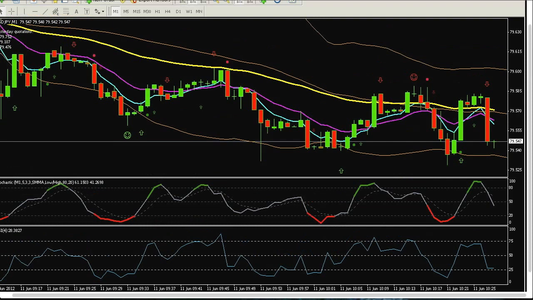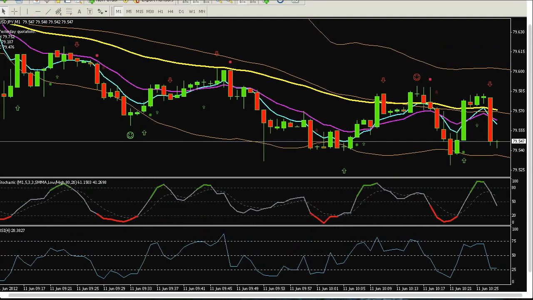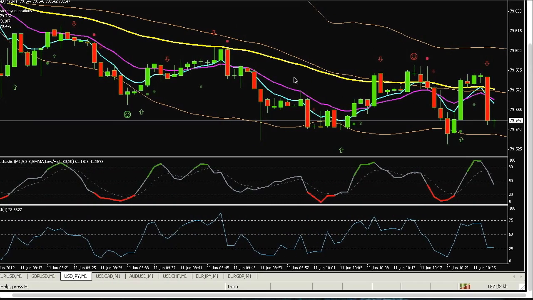As you can see over here, I have my MetaTrader screenshot on a 1-minute chart on the USD JPY. And from the EMAs, which I have a 50 yellow EMA, a 13 EMA, I believe, and this is a 6 EMA. Right. So using these EMAs as guidance, I can see whether the trend is moving up or down.